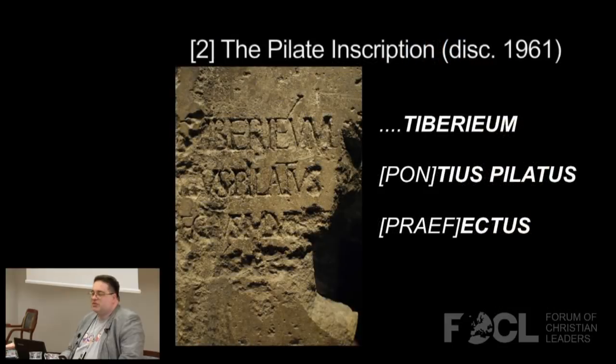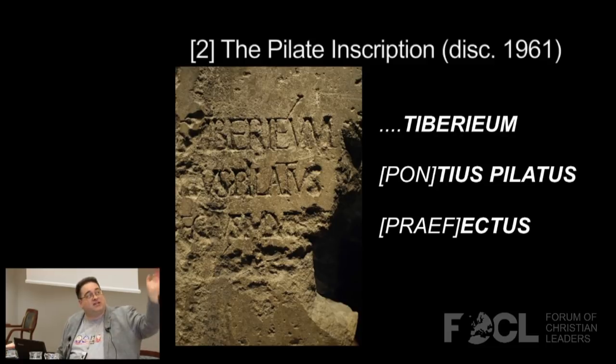The Pilate inscription, discovered in 1961. You can see on the left there the inscription in a bit of stone. It had originally been probably a plaque declaring that Pilate had built a Tiberium, a temple to Caesar Tiberius, but it had then been taken away later on and reused in another building, and it was found in a completely different context.